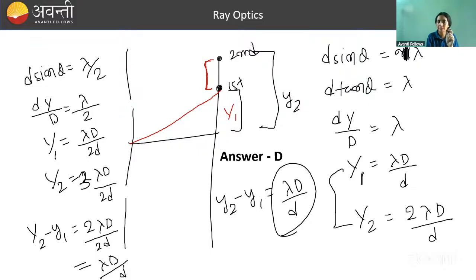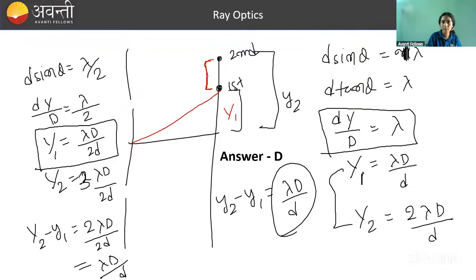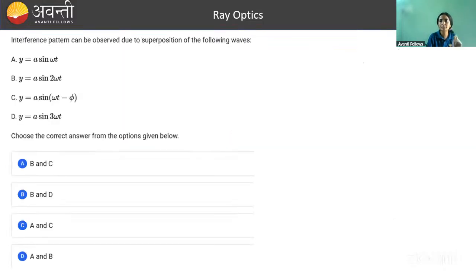And the distance between one maxima and another minima will be lambda D by 2d. If you see, the distance of the first minima is lambda D by 2d, and the distance of the first maxima is lambda D by d. Subtract them and you get lambda D by 2d. So the separation between two maxima or two minima is lambda D by d, and the separation between maxima and minima is lambda D by 2d. Now do this question and let me know your answers. You just need to check the phase.